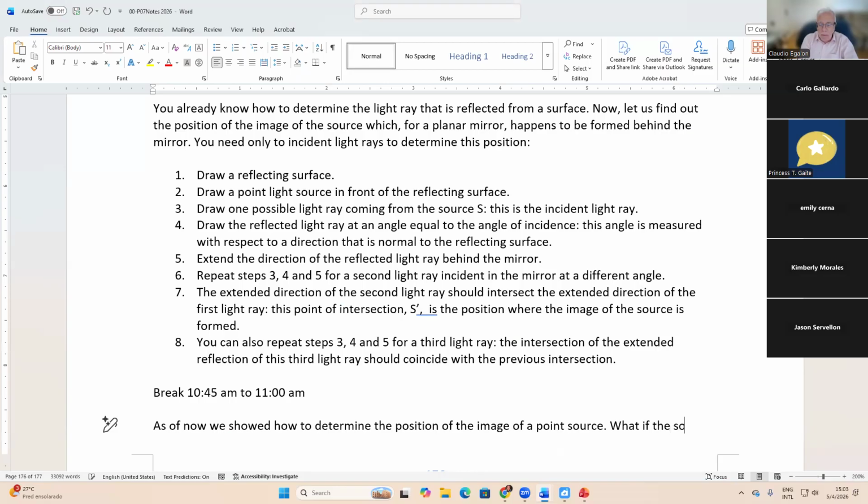What if the source has a dimension instead, right? We will do that for this case.